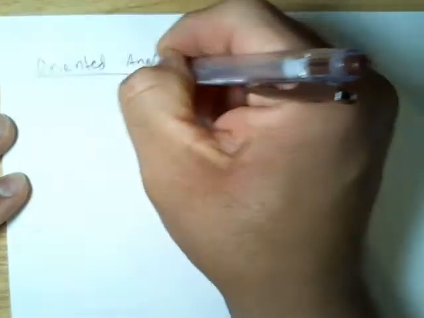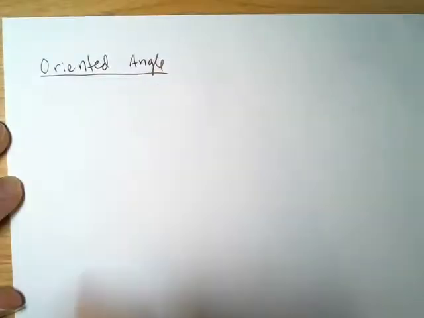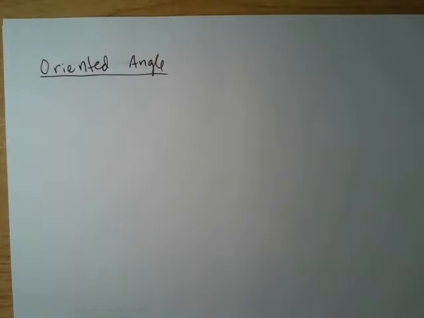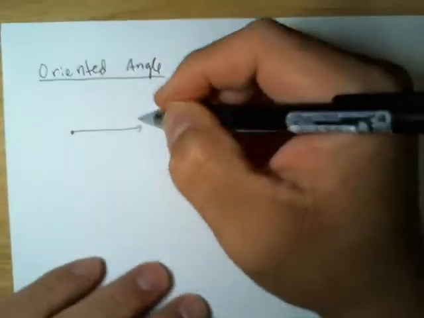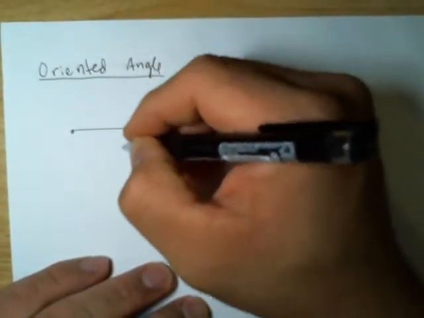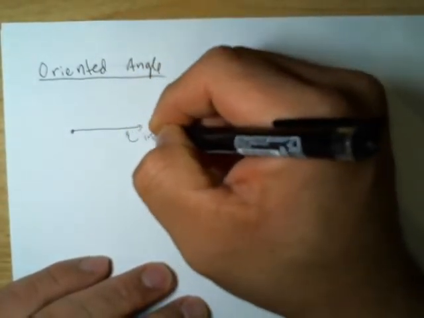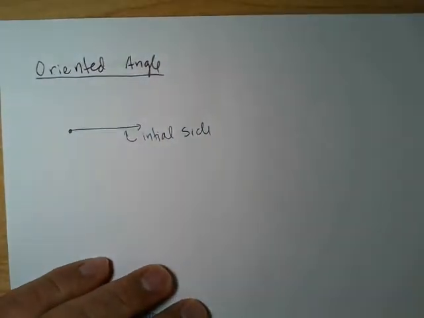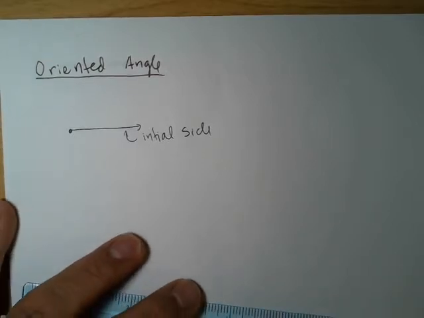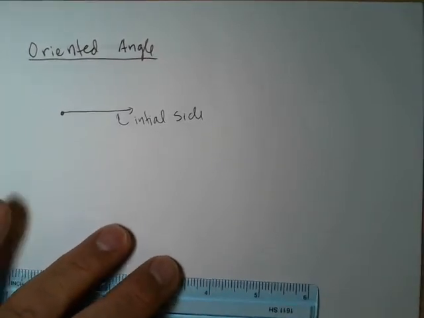Okay, so that starts by establishing an initial side. When we talk about angles here, we start off with the basics. We have a ray, and we're going to define the initial side of a ray. Based off that, we define the positive direction to be going counterclockwise.